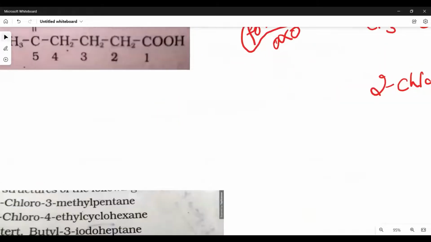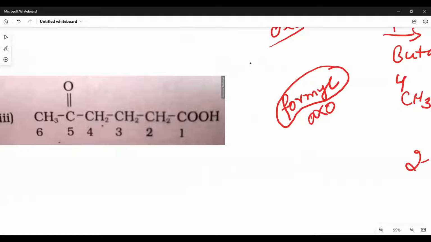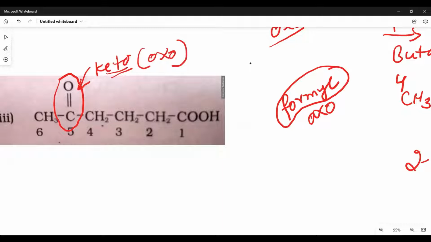Now see, if we have a compound in which the C double bond O is taken as a substituent, what is that group? This is the ketonic group, the keto group, and as a substituent it will be considered as oxo. Since the principal functional group is COOH, and there are 6 carbon atoms present with no double bond, the main chain will be written as hexanoic acid.